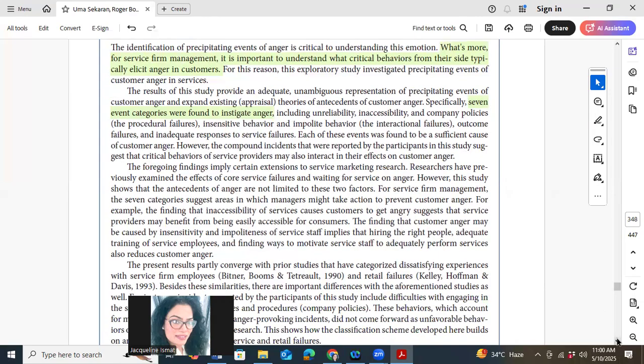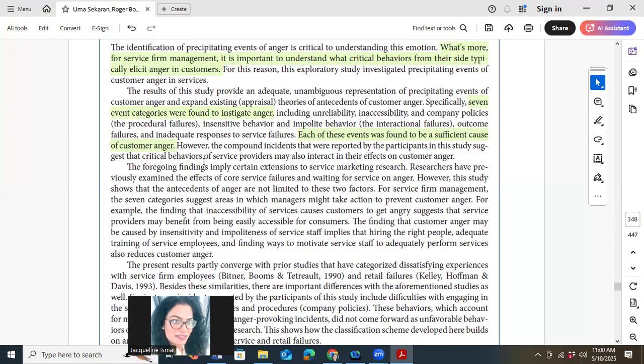Now each of these events was found to be a sufficient cause of customer anger. However, the compound episodes reported by the participants in the study suggest that critical behaviors of service providers may also interact with effects from the external environment.